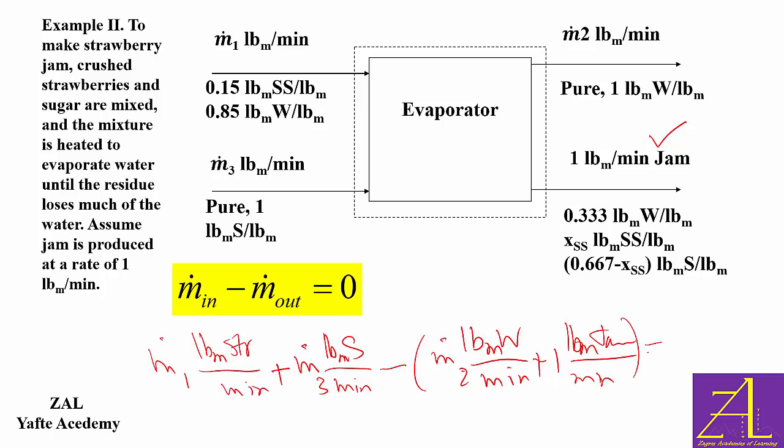This is equal to 0. It is important always to write the units with the notations and numbers in a mass balance equation.